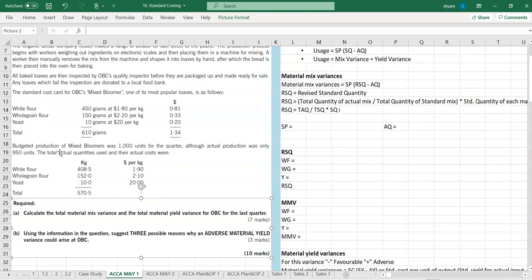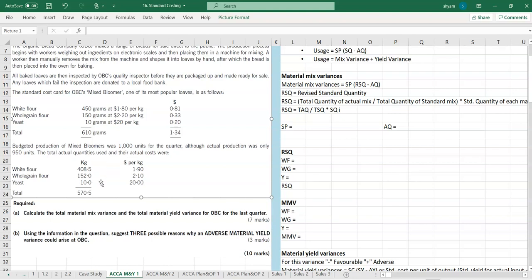Thereafter he tells budgeted production of mixed bloomers was 1000 units for the quarter. So they thought of producing 1000 units, although actual production was only 950 units. So they have produced only 950 units. The total actual quantities used and their actual costs were as this number.